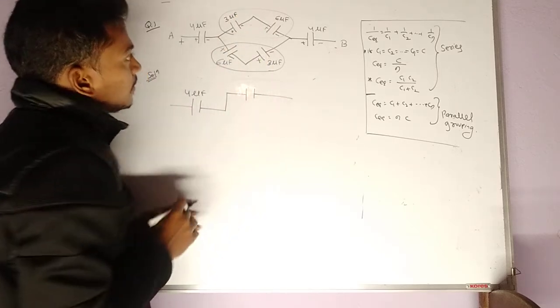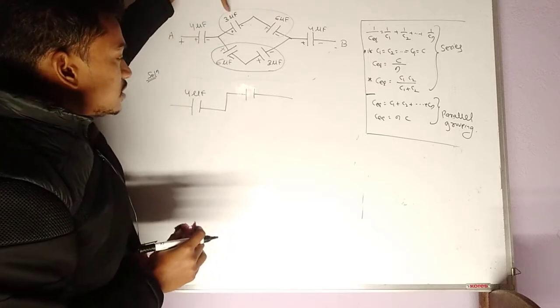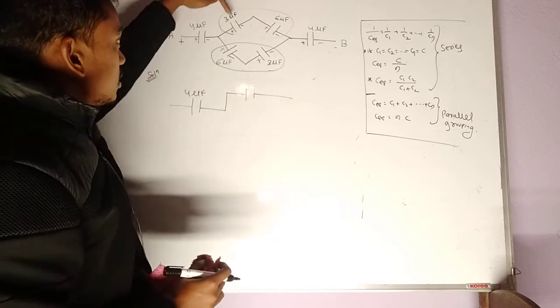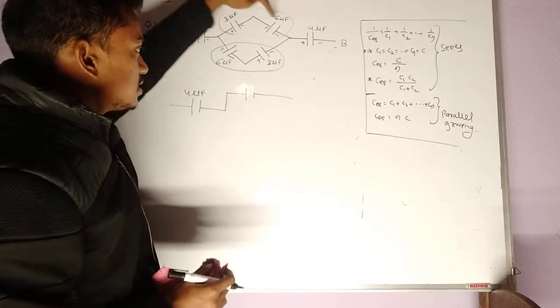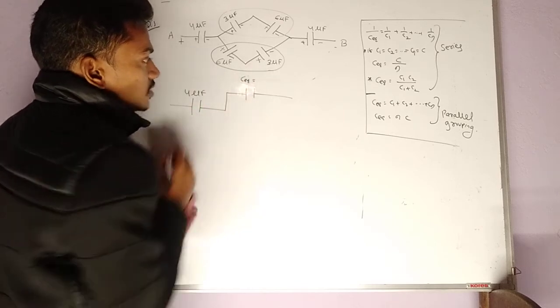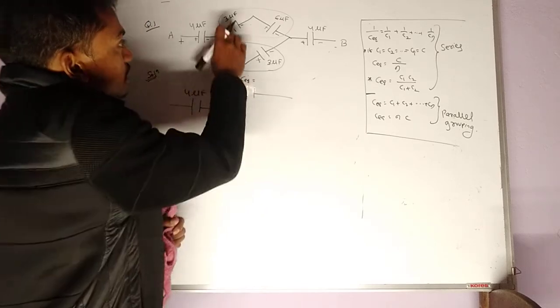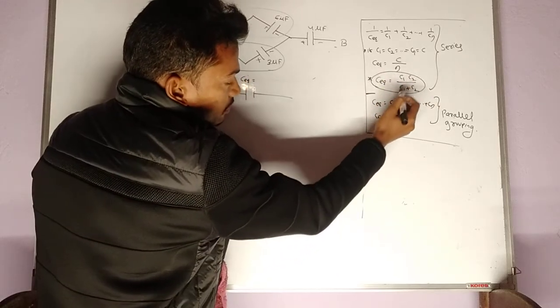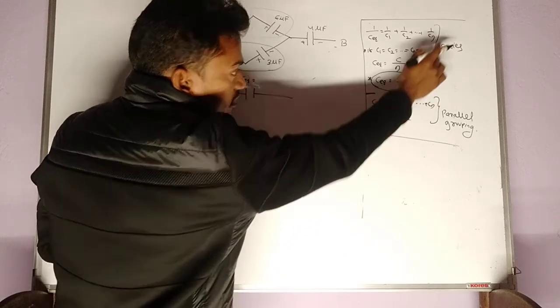So you see, these two capacitors are 3 microfarad and 6 microfarad. Unit of capacitor is farad. So 3 microfarad and 6 microfarad are in series. If two capacitors are used, then use C1 C2 by C1 plus C2 in series grouping.